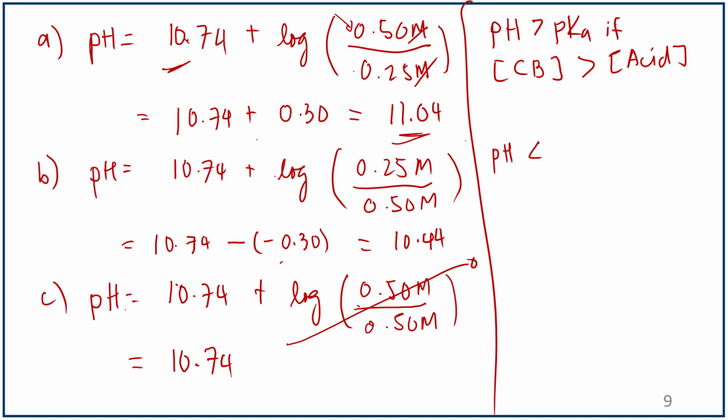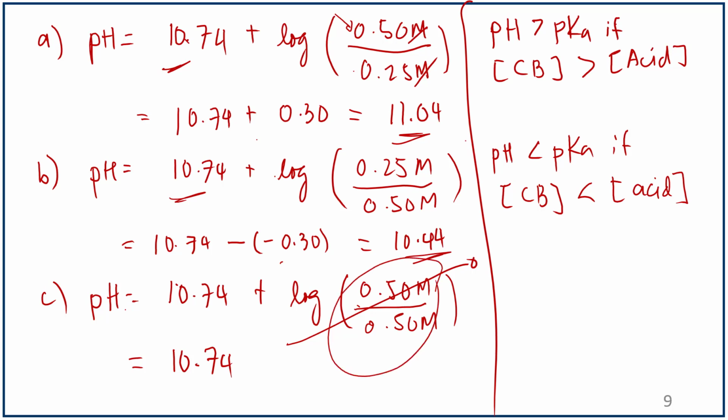Now for the second case, that's the opposite. You have here pH lower than pKa. You're comparing 10.44 with 10.74. So this is the case where the concentration of the conjugate base is lower than the concentration of the acid. And for the last case, you have equal concentrations of acid and base, and what you have here is pH equal to pKa.